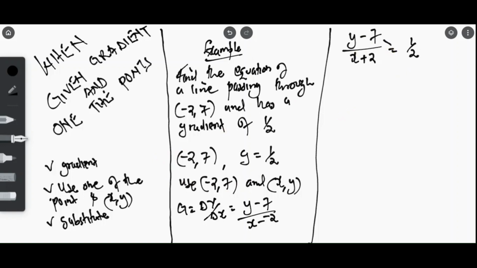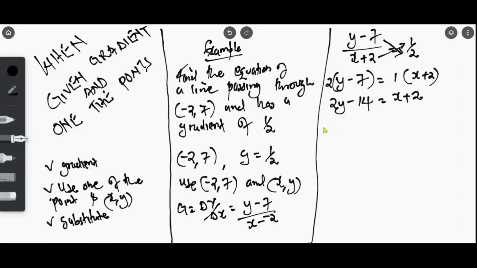So I have y minus 7 multiplied by 2 equals 1 multiplied by x plus 2. If I open the bracket, it will be 2y minus 14 equals x plus 2.